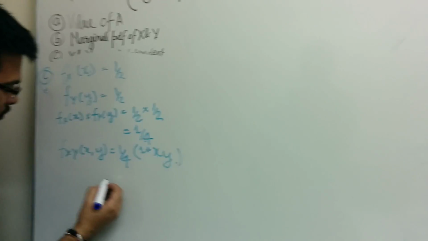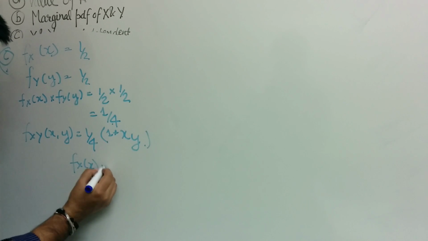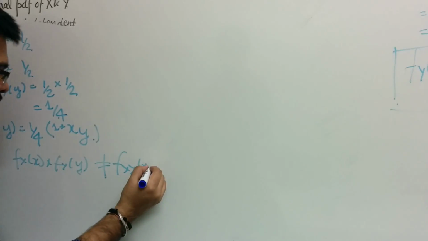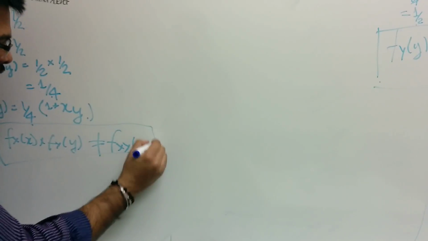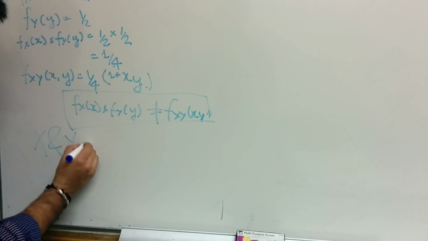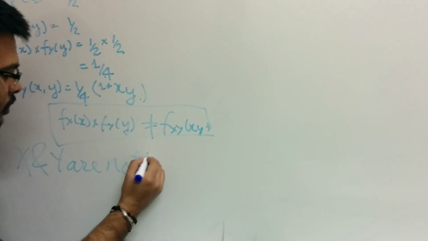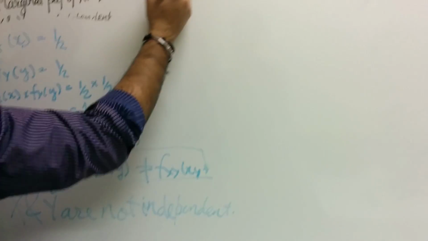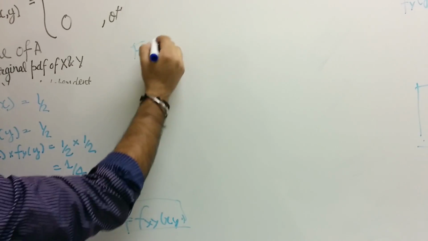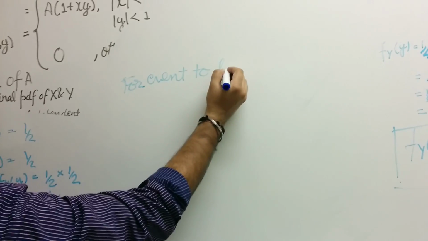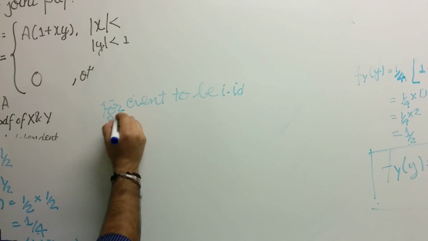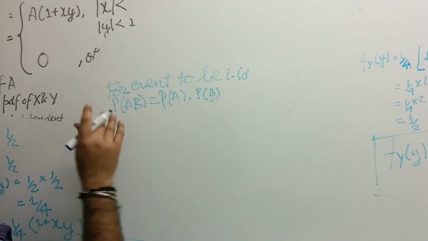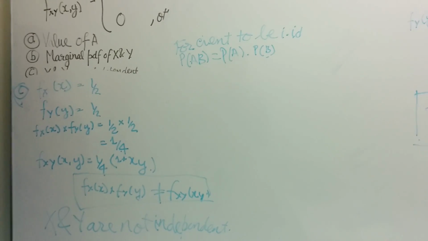So we can see that these two terms are not equal, that is, f_X(x) into f_Y(y) is not equal to f_XY(x,y). So as they are not equal, x and y are not independent, because we know that for events to be independent, the probability of AB should be equal to probability of A into probability of B. But this property is violated here, hence they are not independent. Thank you.